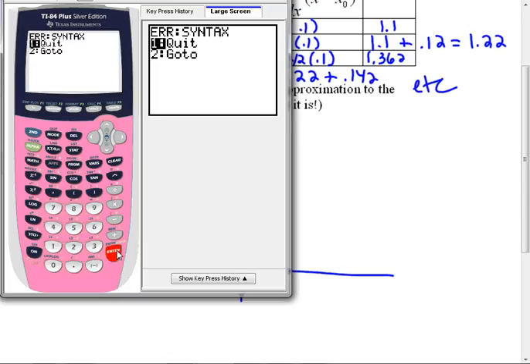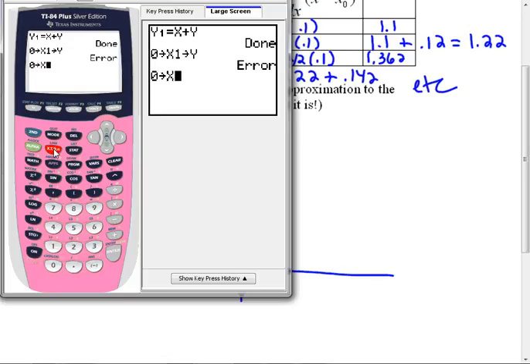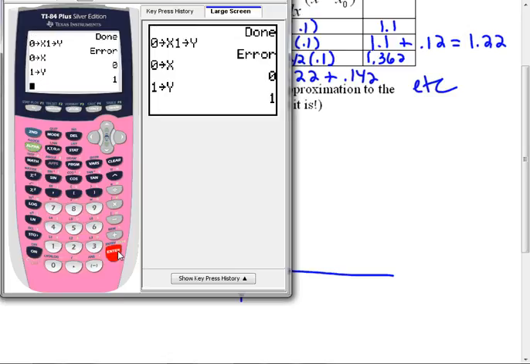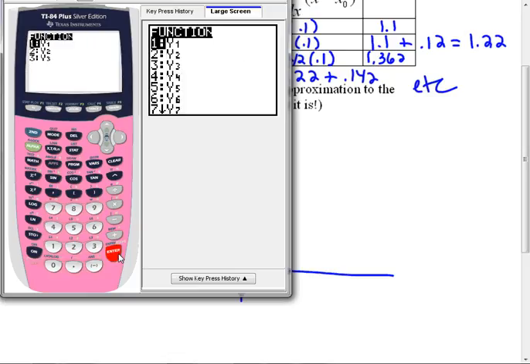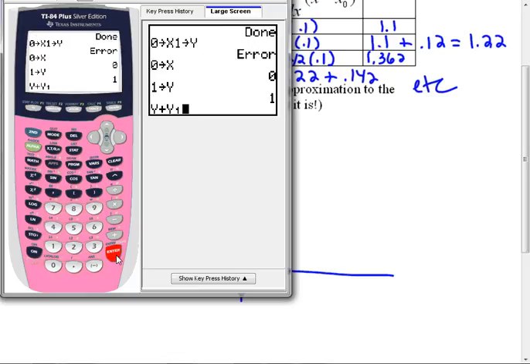Yeah, I don't think that'll work. 0 store for x, 1 store alpha y. I can put the clock up on my screen. Okay, I think I got it.